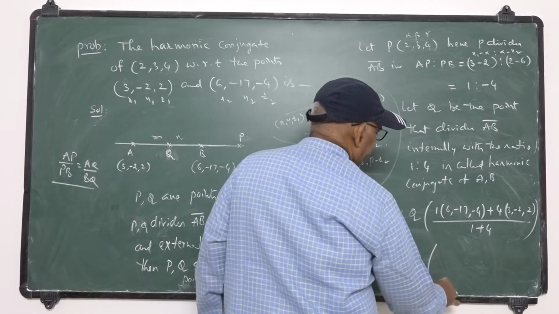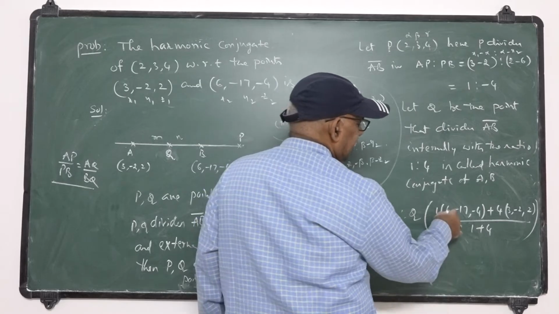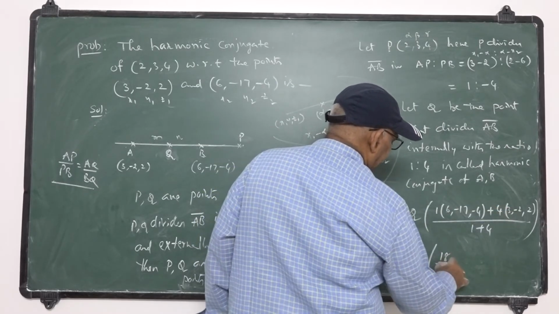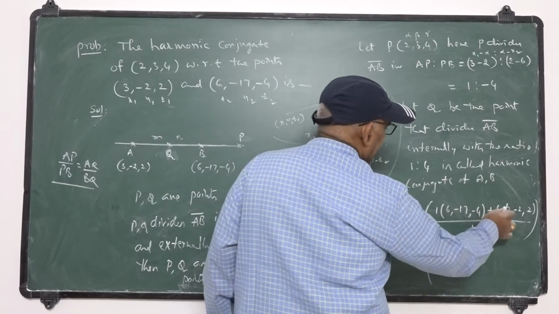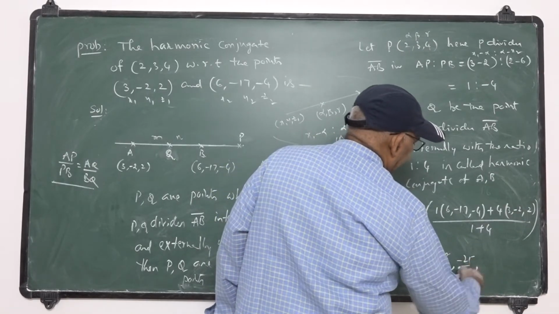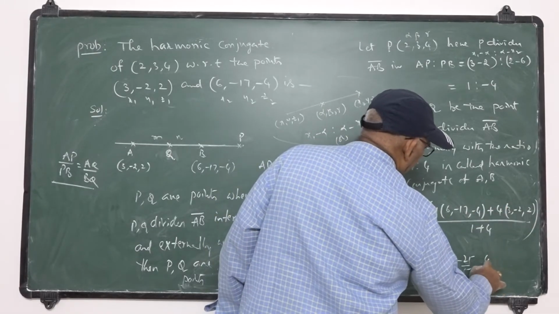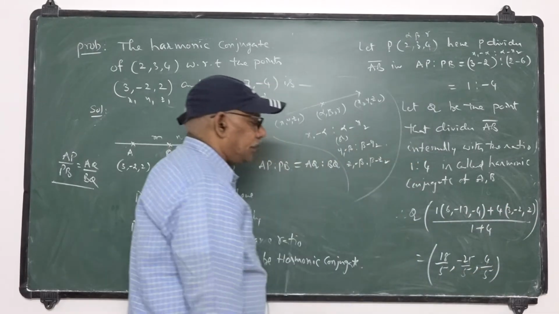You can take it like this, collecting the x coordinate, y coordinate, z coordinate. 6 plus 12, 18, so 18 by 5. Minus 17 minus 8, minus 25 by 5. Minus 4 plus 8, 4 by 5.